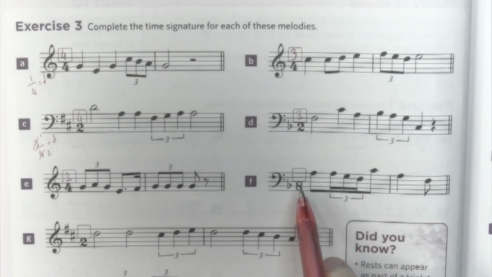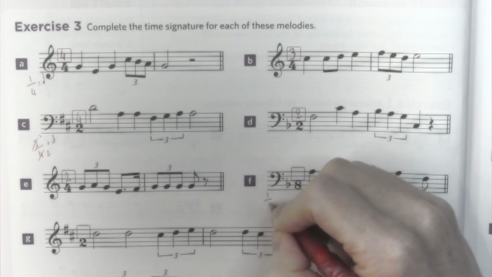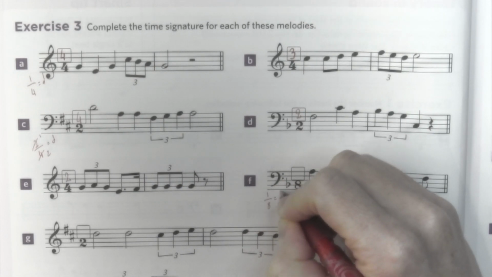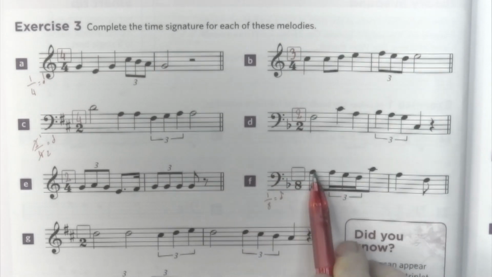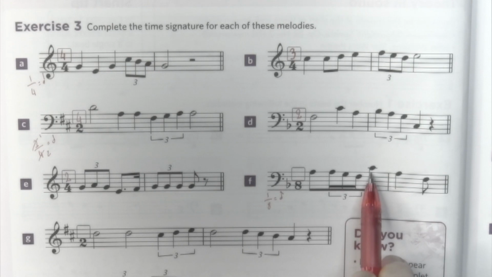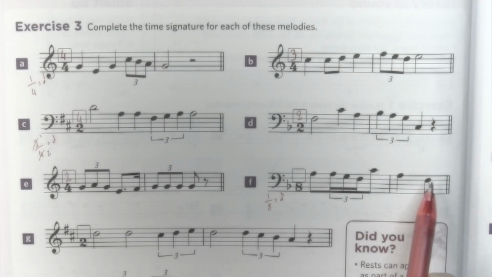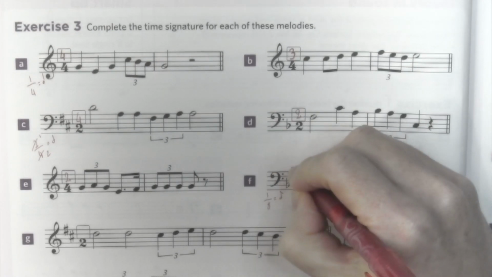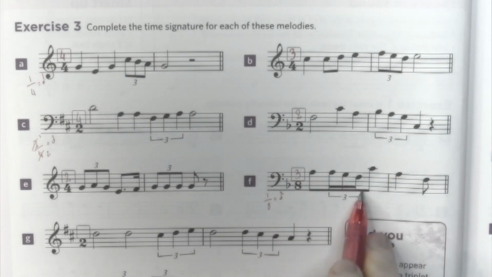How many quavers? 1/8 means quaver. 1, 2, 3 in the space of 2, and 3. 3/8 beamed together.